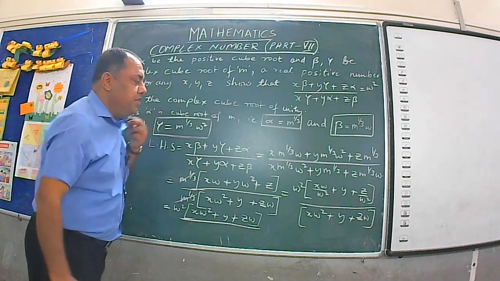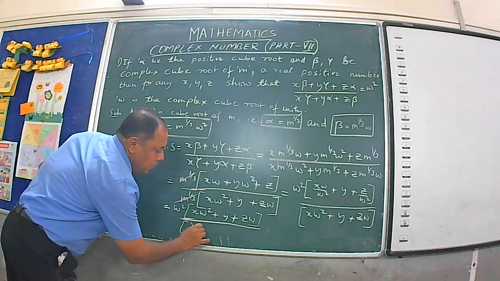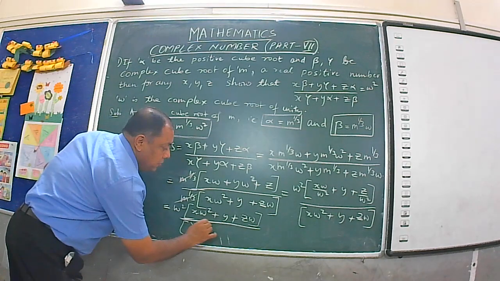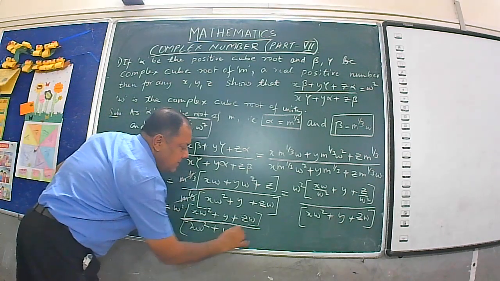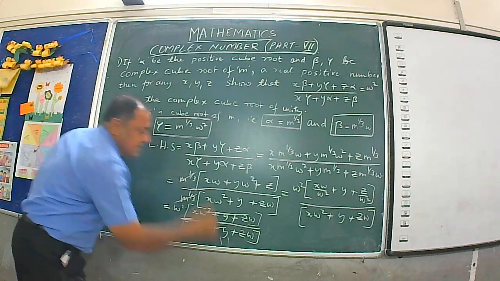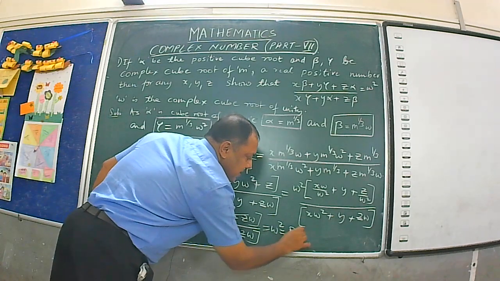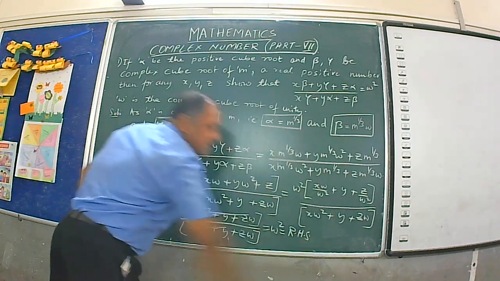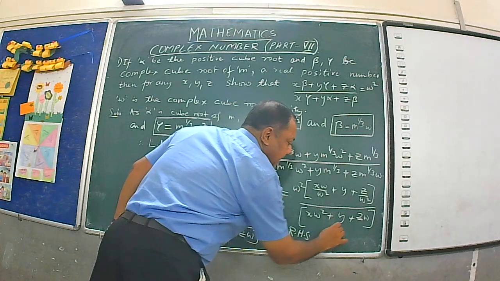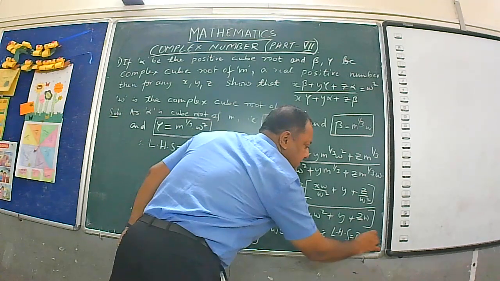So omega cube is equal to 1, and my denominator is x omega square plus y plus z omega. I find these two getting cancelled, and the result is omega square, which is RHS. That is, LHS is equal to RHS.